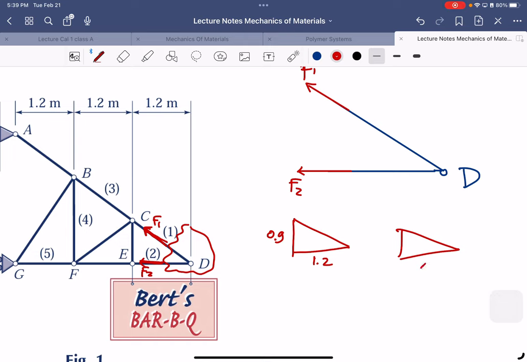So why is it important? Because this is important to our force, because we can have the angle right here. So we can imagine multiplying with the component of the sine and cosine. Okay, come back to this part here.